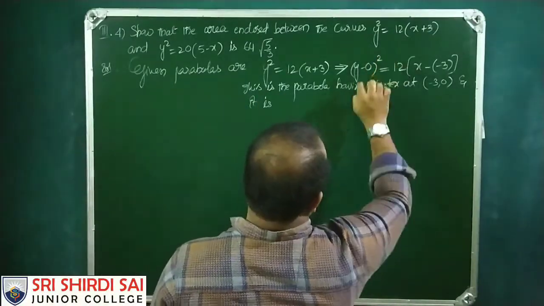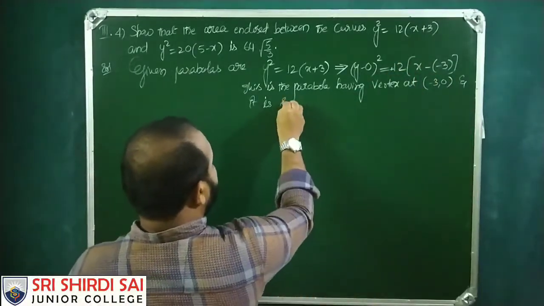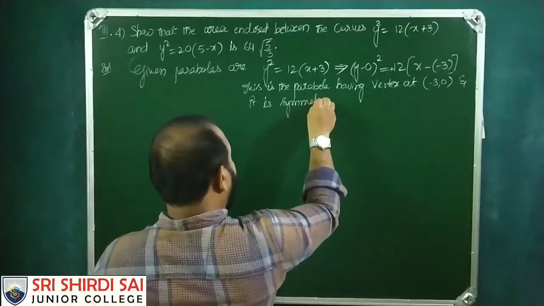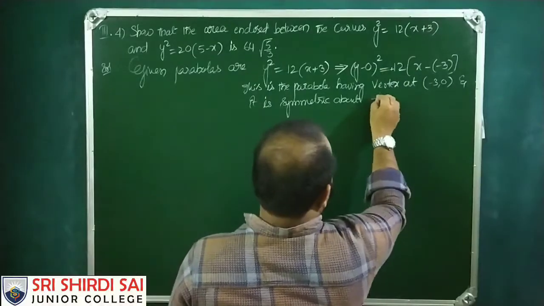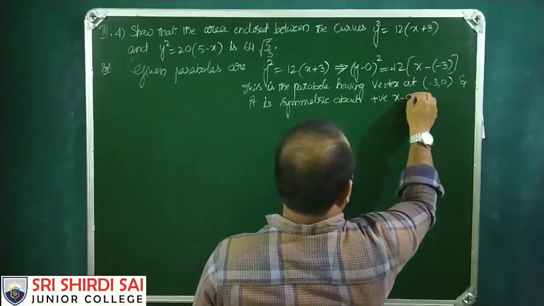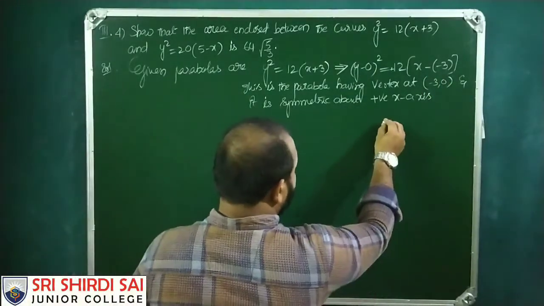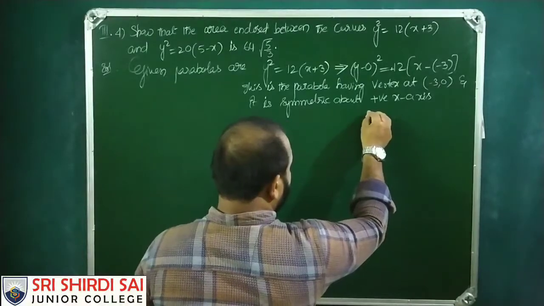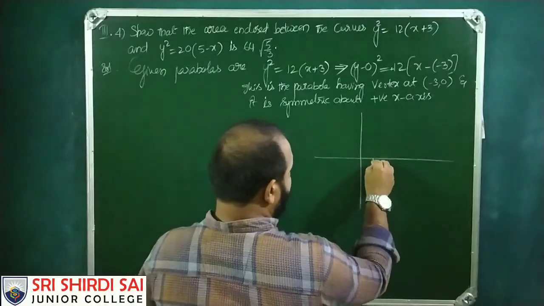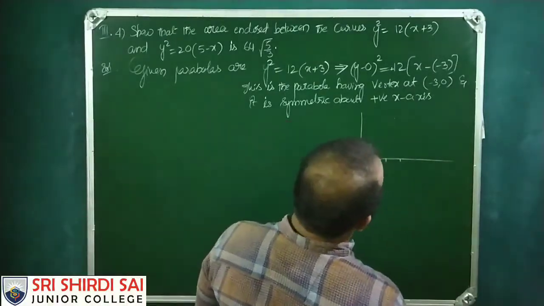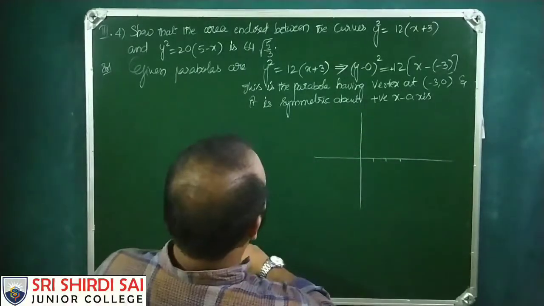See, y power is even, so it is symmetric about x axis. X has a positive sign here, so it opens toward the positive x axis. So a rough diagram: 1, 2, 3. So this is x minus of minus 3.